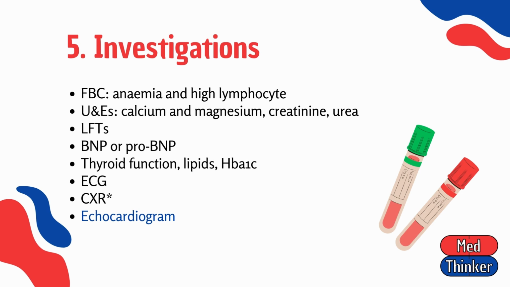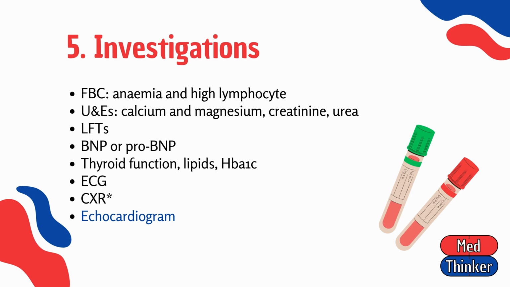We might then look at some liver function tests. Obviously, like we had mentioned right at the start of this presentation, we want to know what their BNP or pro-BNP is, especially if they haven't been diagnosed with heart failure before. We want to know what their thyroid function is and their lipids as well.